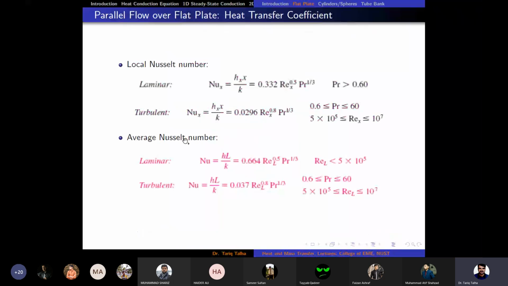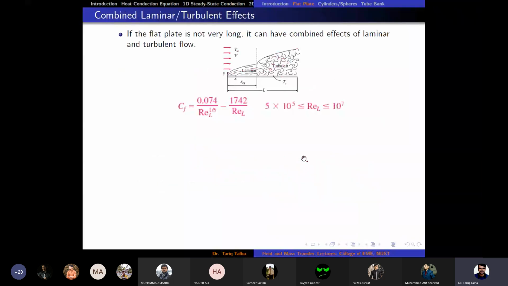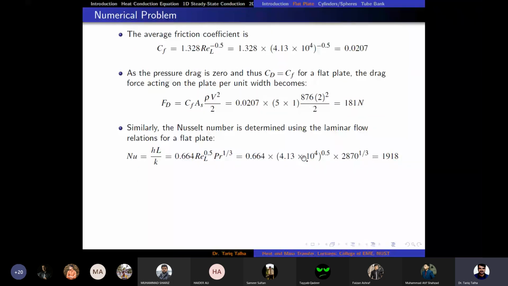For the laminar flow average Nusselt number, we can use 0.664 Reynolds number raised to power 0.5, Prandtl number raised to power 1 by 3. So we can use this formula. So if we use this formula here, Nusselt number would be equal to 0.664, and if we determine that Nusselt number, that comes out to be 1918.